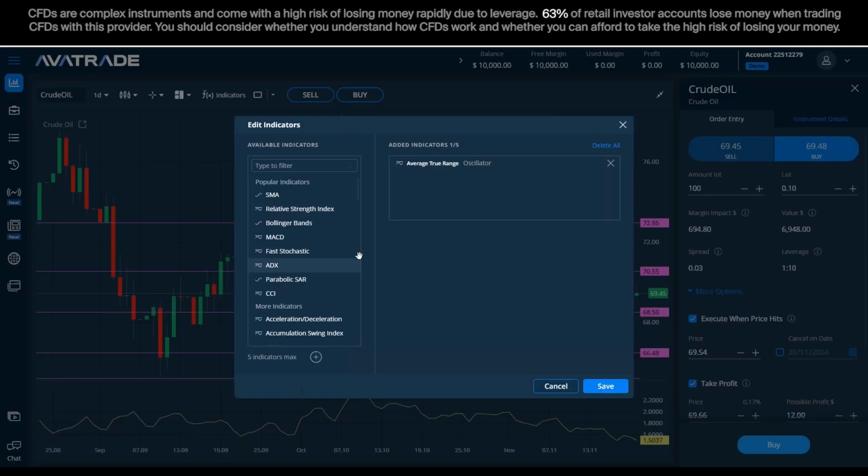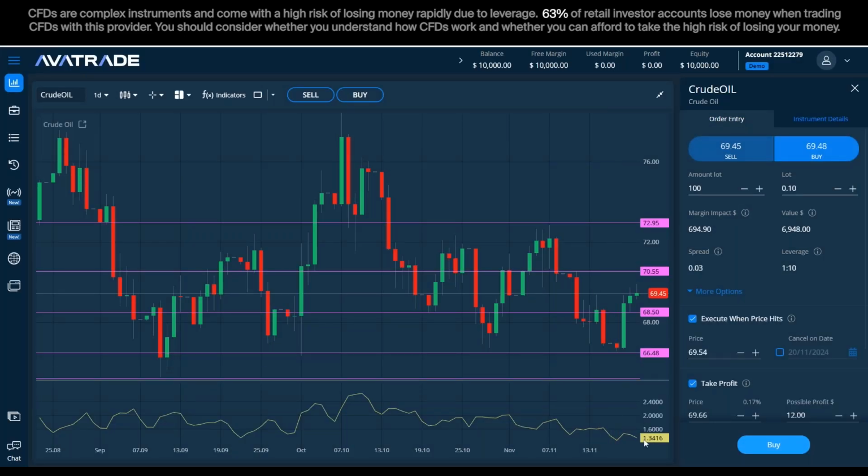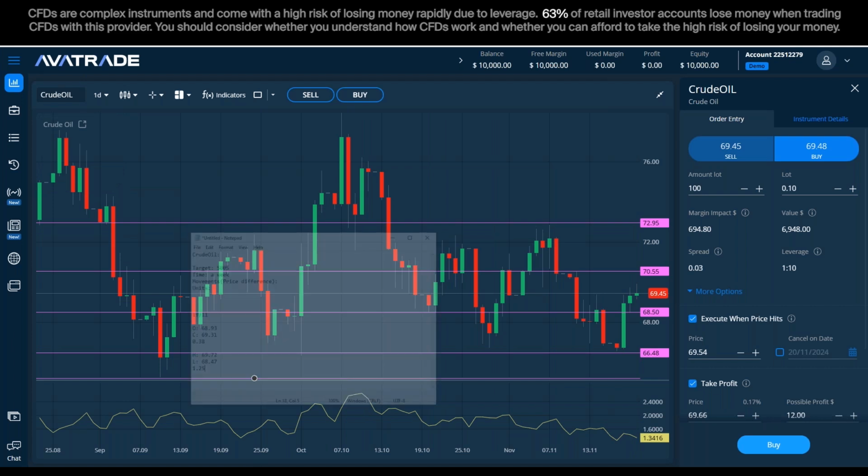And I can change, let's go back, and I can change the amount of candles it's taken. So instead of 14, I can make it just 6 or 7, let's say, and then click save, and the ATR will change accordingly, because now it doesn't go back 14 candles, it only goes back 7, right? 1, 2, 3, 4, 5, 6, 7. That will be the red one in here, the bearish one. Okay, and then we have an average.